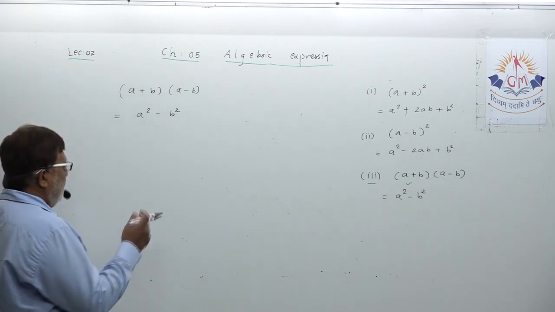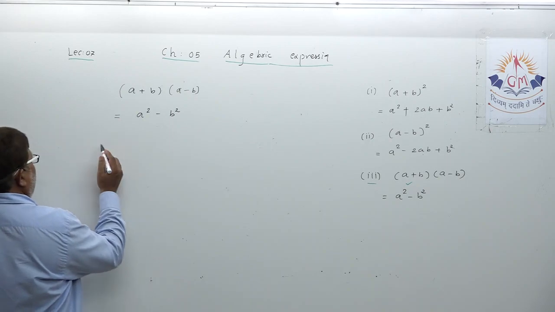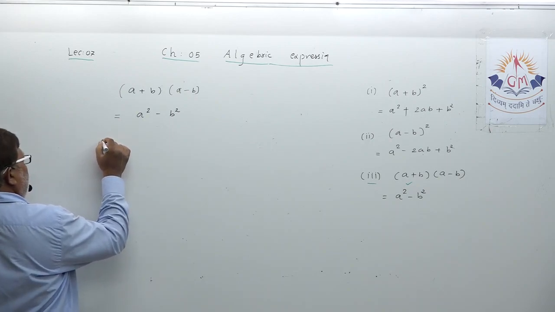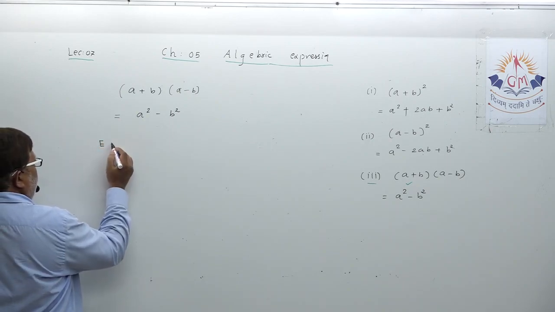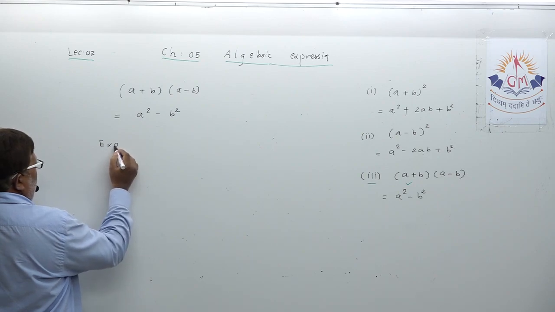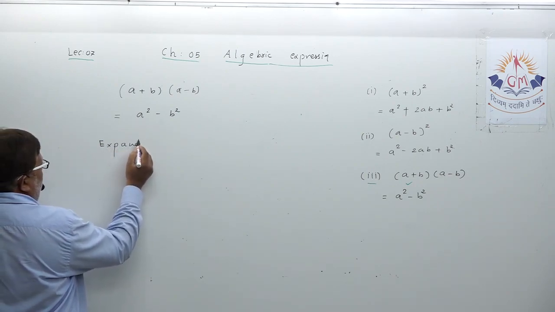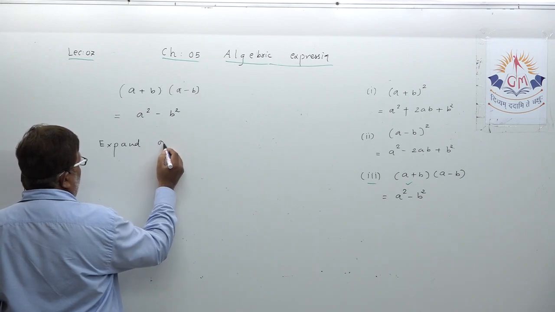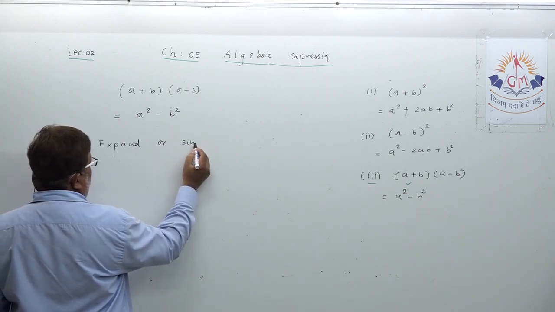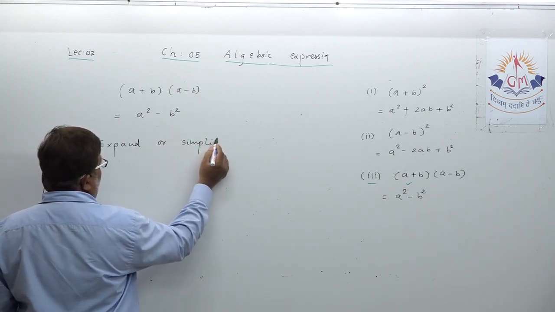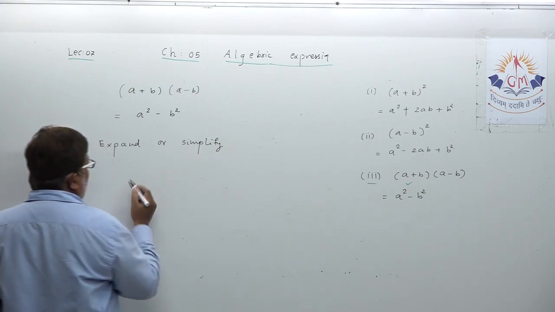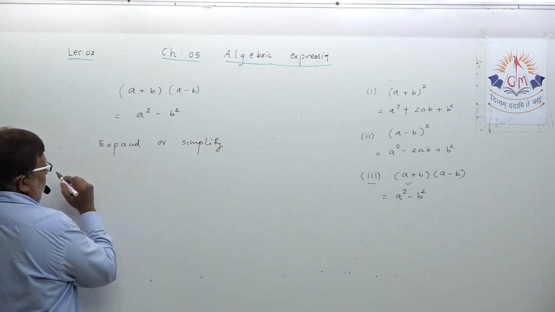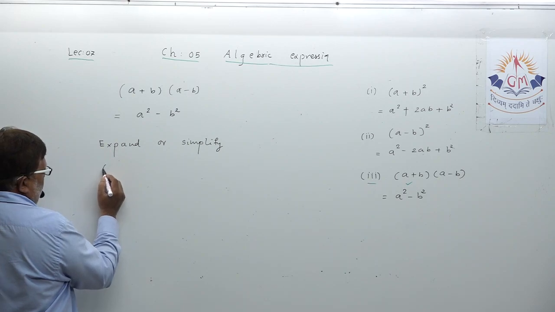Okay, let me take one example. What will be the instruction in the example? Either expand, or they may use the instruction simplify. Okay, I am writing one example here this way.